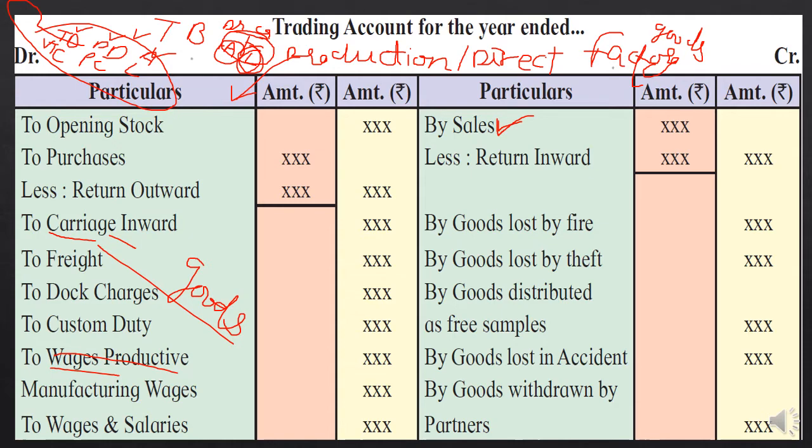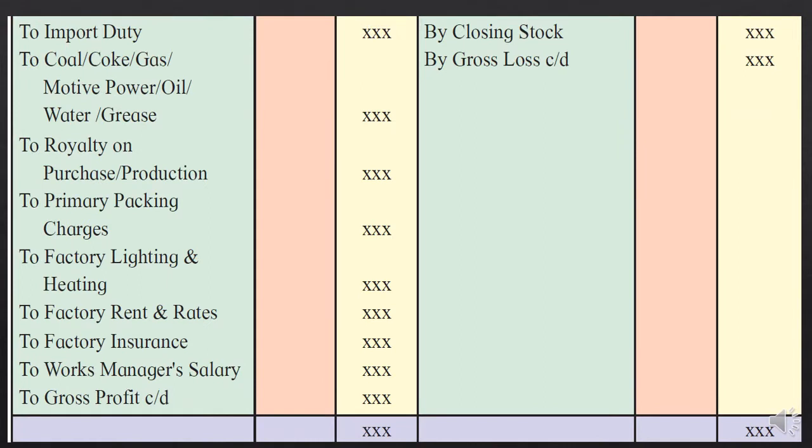trading account. So you can see the further items are also given in trading account: import duty, coal, coke, gas, motive power, oil, water, grease, royalty on purchase, production. So royalty which is paid on purchase or production, which is related to the goods only, so that will also come on the trading account debit side.